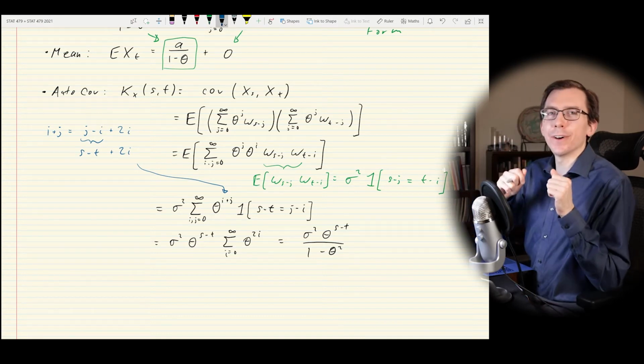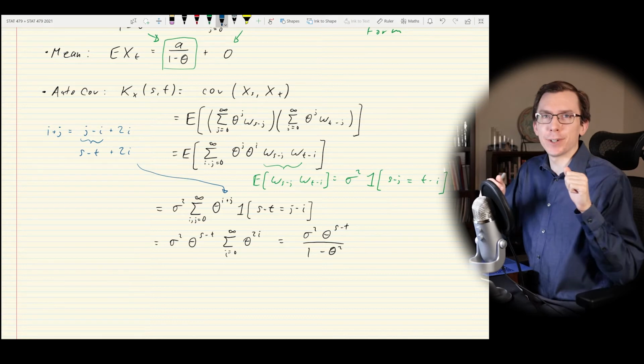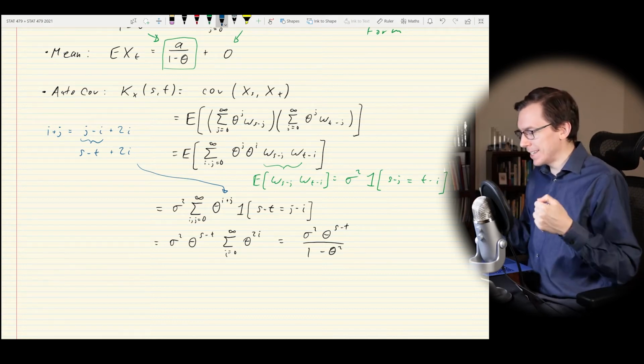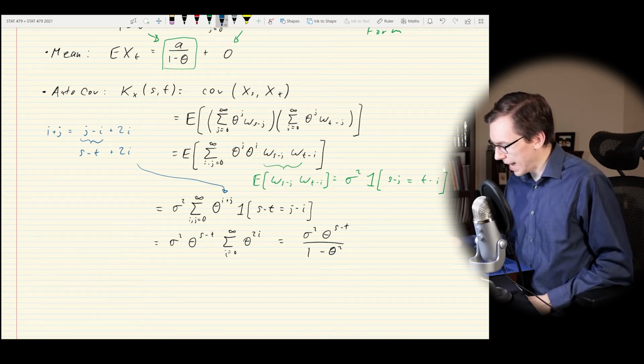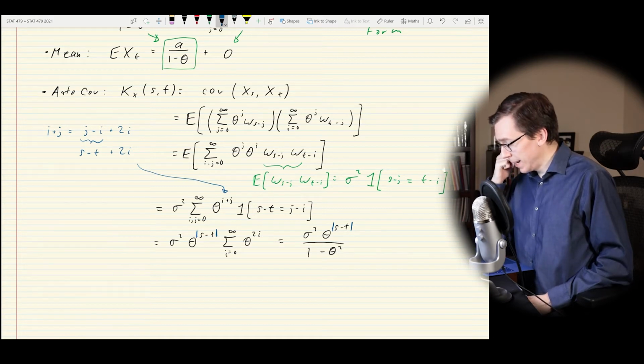Because remember, our autocovariance function should be symmetric. I should be able to flip the order of s and t. And what I was supposed to get, here I will write it in blue, is an absolute value around the s minus t. So that one goes there, that one goes there.